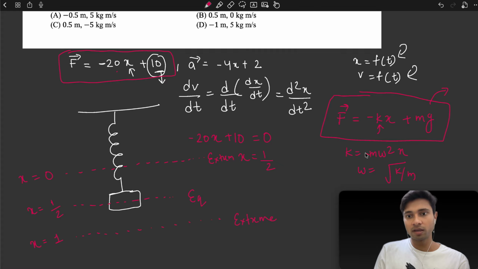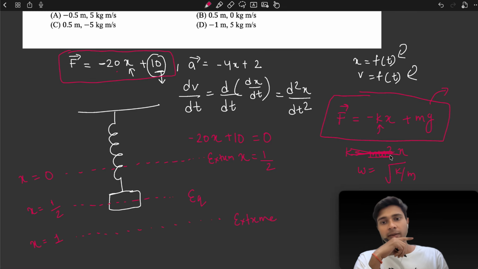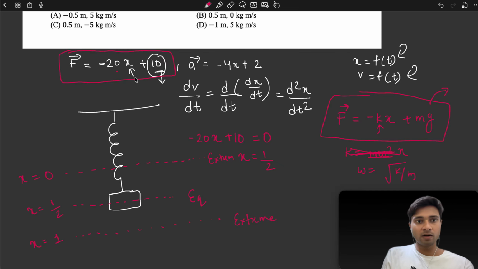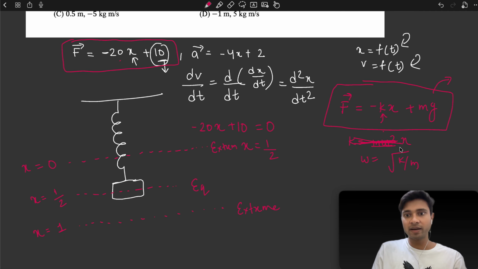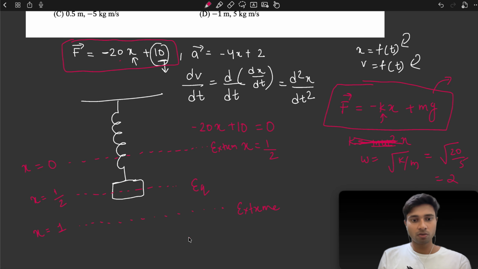I know k is 20 and m is given to us. What was m? m was 5. So omega is root 20 by 5, which is 2. So omega is 2.